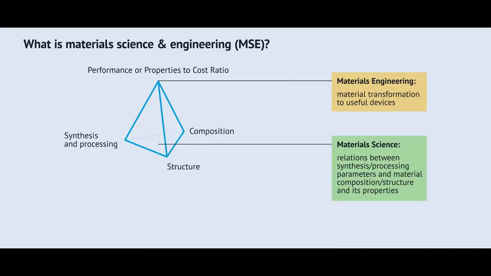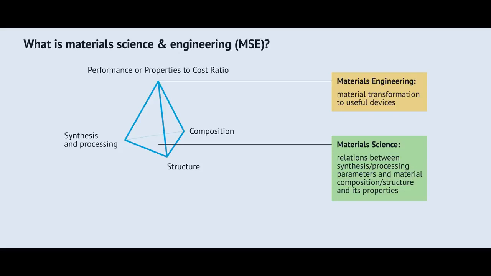More important, we will try to connect the structural characteristics of the material with their properties, and even more, the properties under the operational conditions, sometimes taking into account also economic considerations. So that's the very famous material science and engineering tetrahedron.